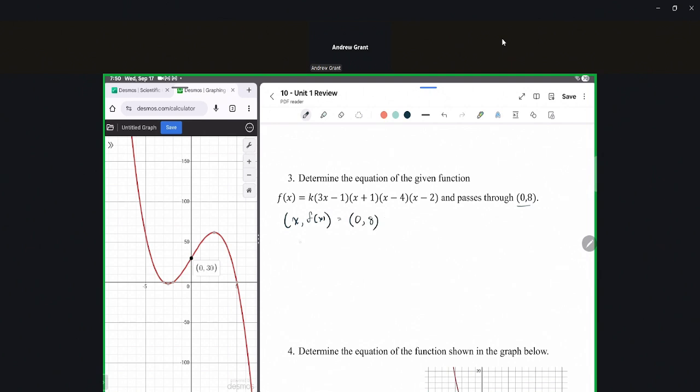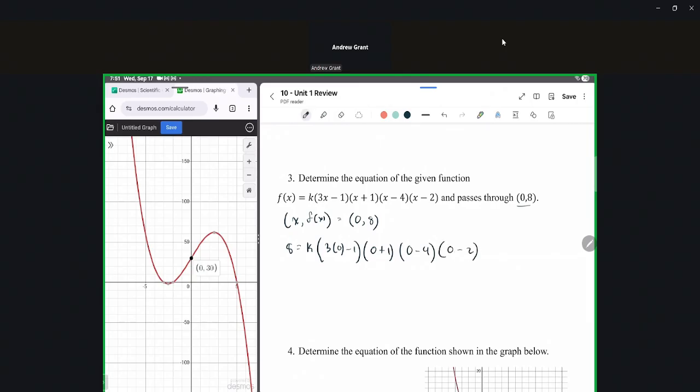So instead of f of x, we're going to write 8 is equal to some k value multiplied by, now it's going to be 3 times 0 minus 1 times 0 plus 1 times 0 minus 4 times 0 minus 2.